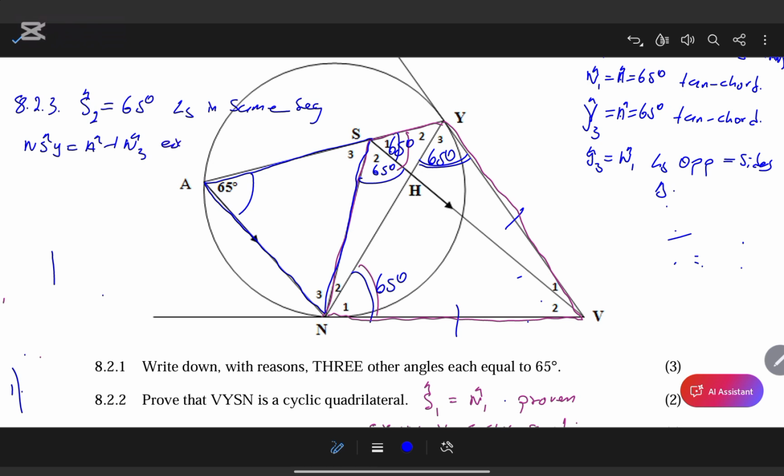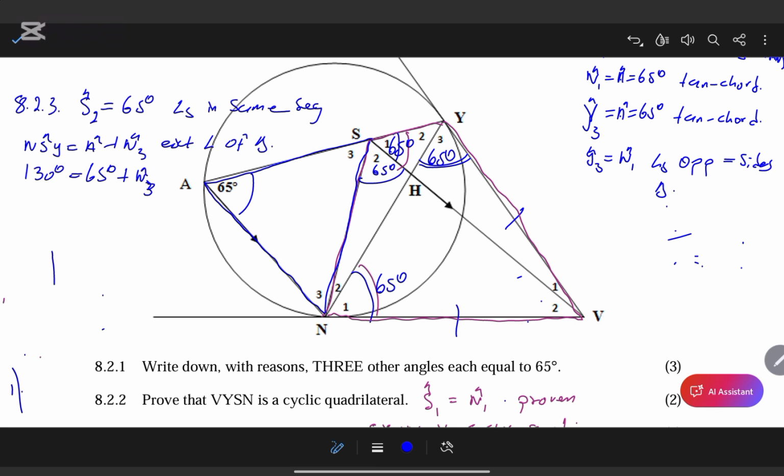This is the exterior angle of triangle NSY. So that means 130 degrees is equal to 65 degrees plus angle N3.